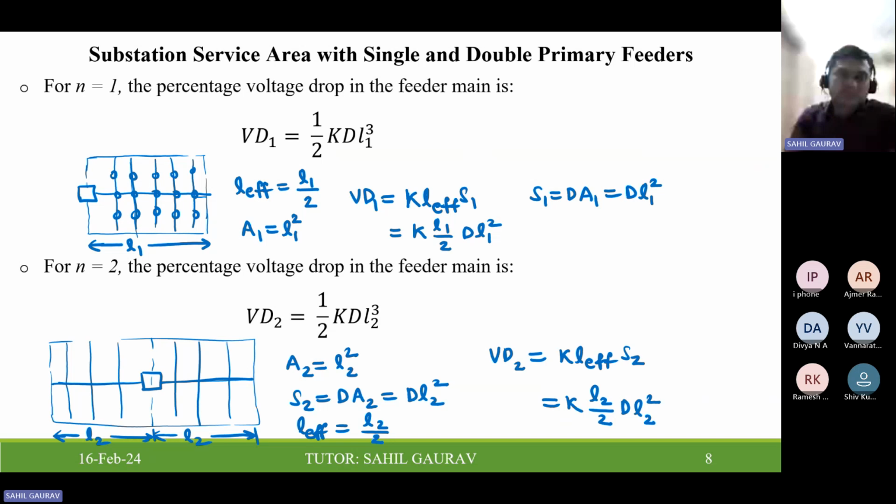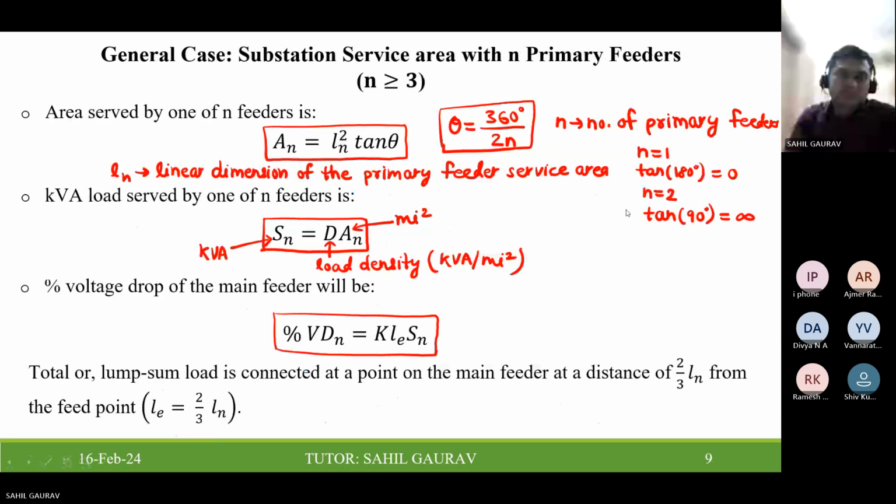Now for this substation service area, we will see the general case, and then we will put all the expressions for a square shaped substation service area and hexagonal based substation service area. This general case is applicable for n greater than or equal to 3 only.